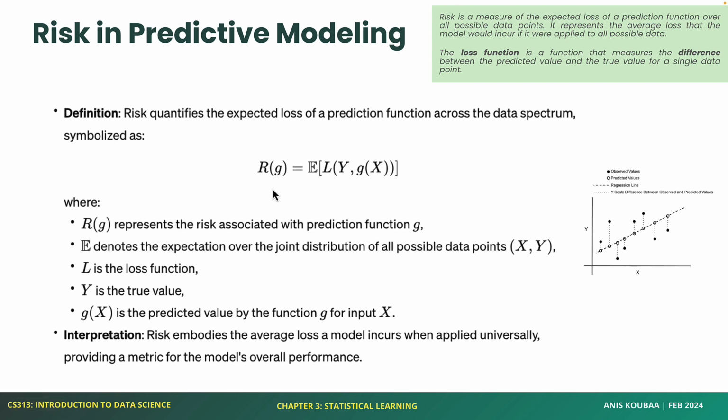So this is what we call the risk. E is the expected value. L is the loss between the real output and the predicted output. So this is how we model the risk. And one of the objectives of this course is, given a problem, you must be able to devise and find the loss function, the risk, and also the minimization that we will talk about.